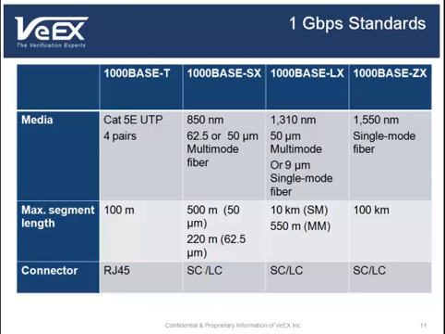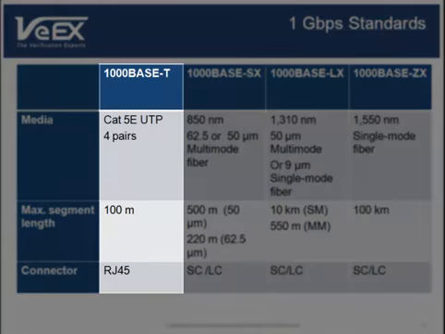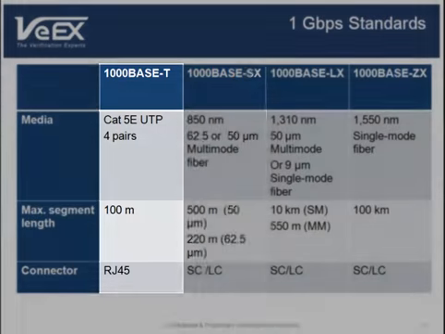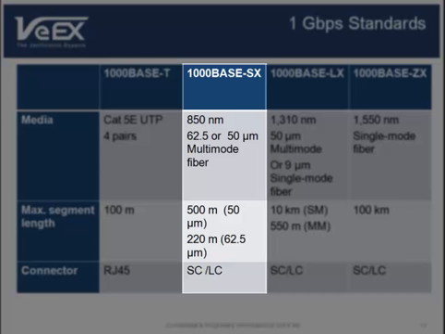This table shows some gigabit Ethernet connection standards. 1000BASE-T transmits using 4 pairs of Category 5E unshielded twisted pair cabling. Like the previous Ethernet standards, 1000BASE-T uses RJ45 as a connector and its maximum segment length is 100 meters. 1000BASE-SX is a fiber optic standard that transmits using 850 nanometer laser on multi-mode fiber.